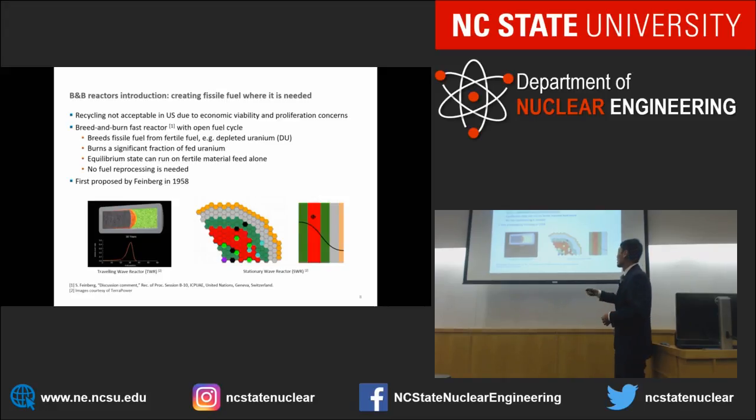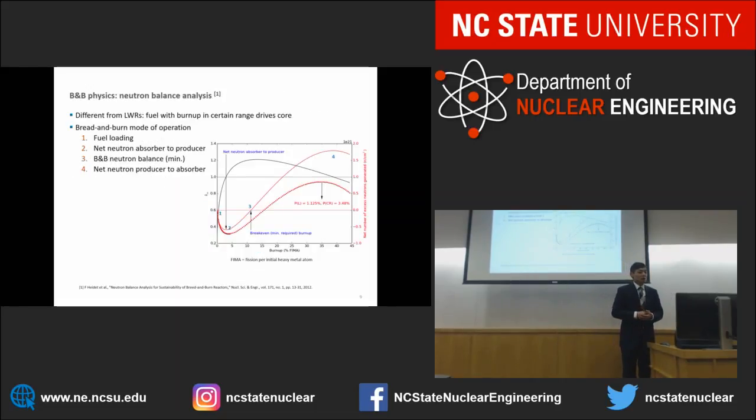Instead of having stationary fuel but a moving fission wave, we achieve a stationary wave of fission by shuffling the fuel periodically, just as we do with light water reactors every 18 months or every 2 years. We do the maintenance, we shuffle, we reload the core, and again you have a relatively stationary fission distribution, or fission wave, in the reactor. So we're going to talk about the stationary wave reactor in this talk.